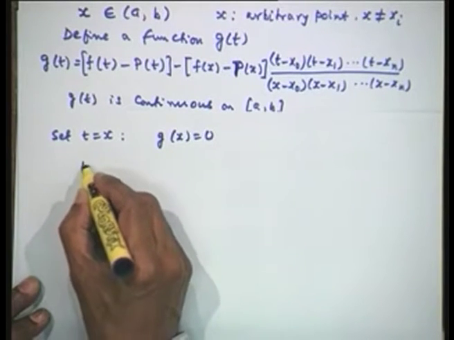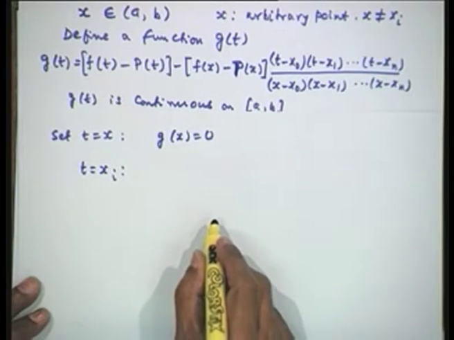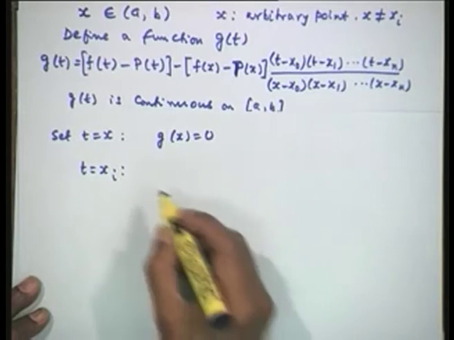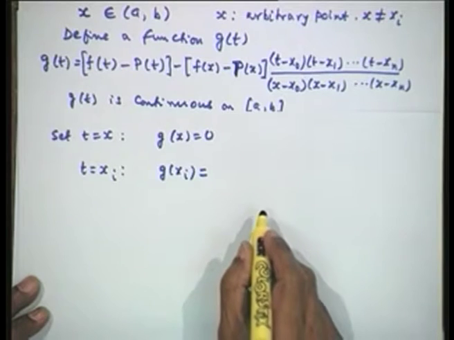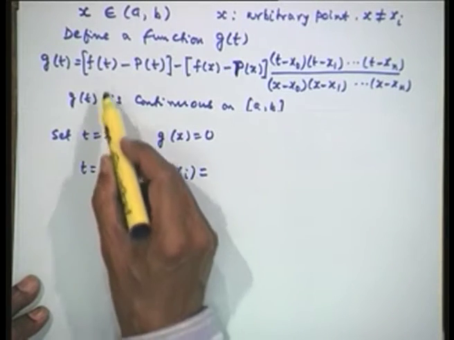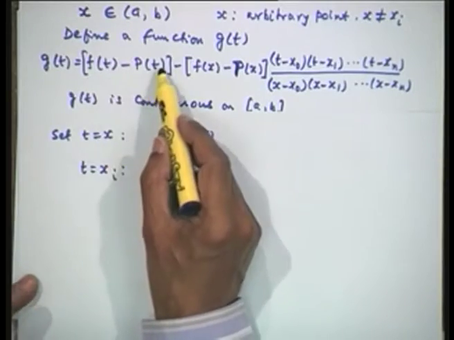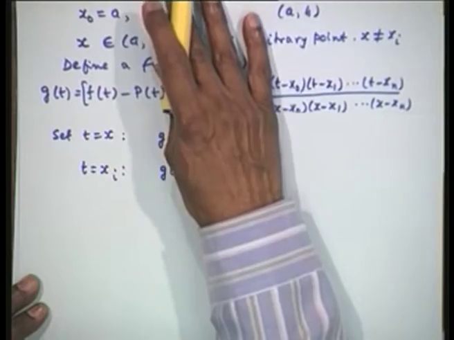Now, let us set t equal to x_i, that is our points x_0, x_1, x_2, ..., x_n. Then g at x_i is equal to f at x_i minus p at x_i, that is equal to 0 by definition, since f(x_i) minus p(x_i) is 0.